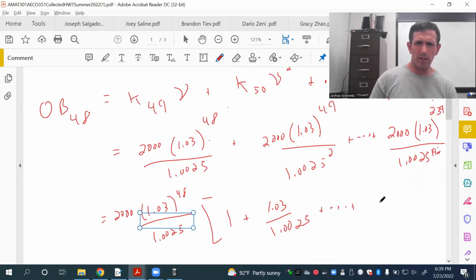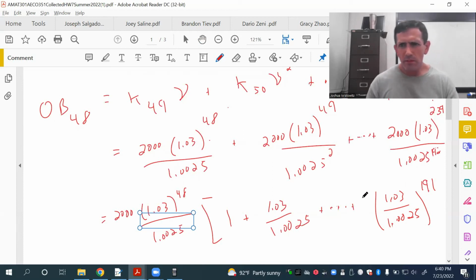Okay, and last but not least, it's going to be 1.03 over 1.0025 to the 191. And check, 48 plus 191 is 239. Yeah, and as I said, this is 192. It's really hard to read, so let me really just try and fix it real quick.